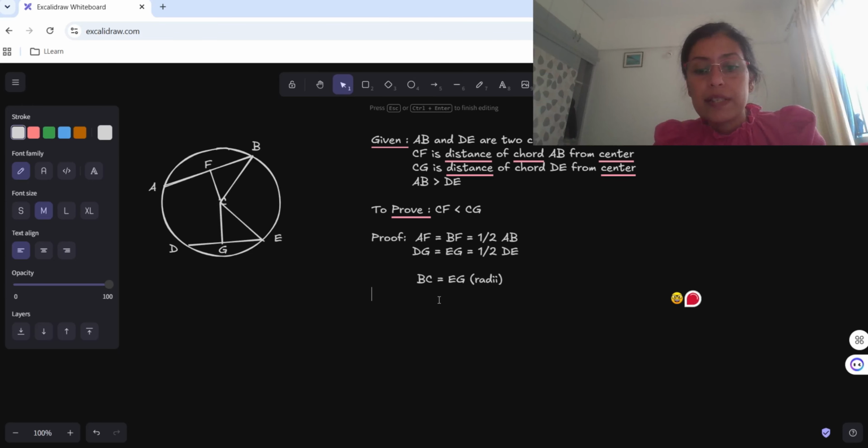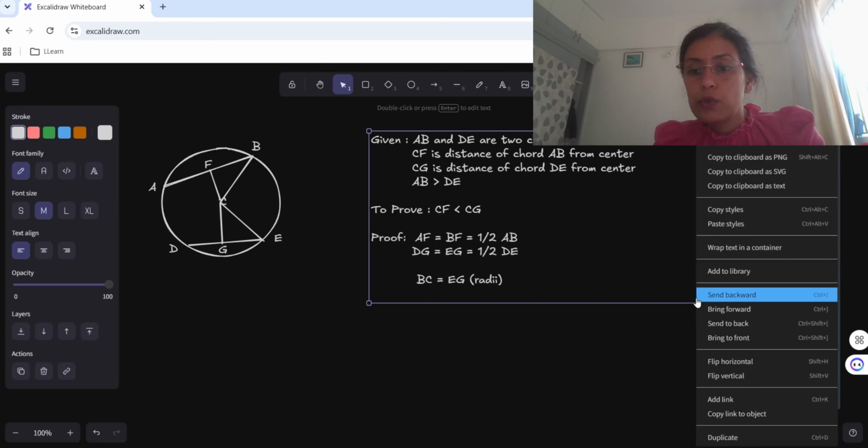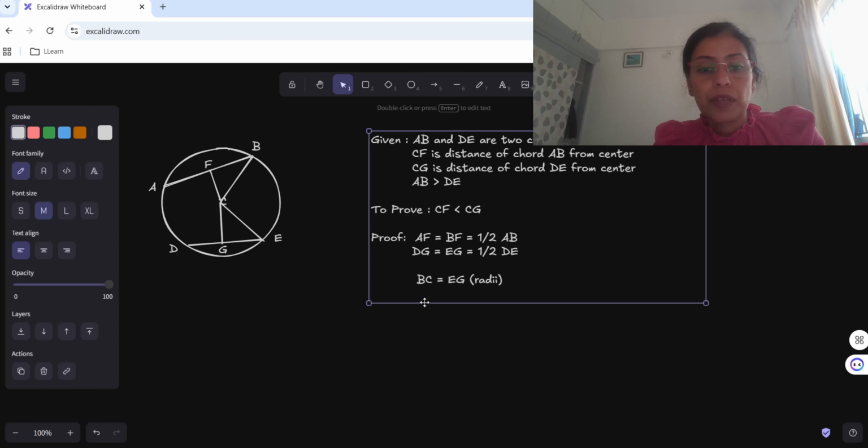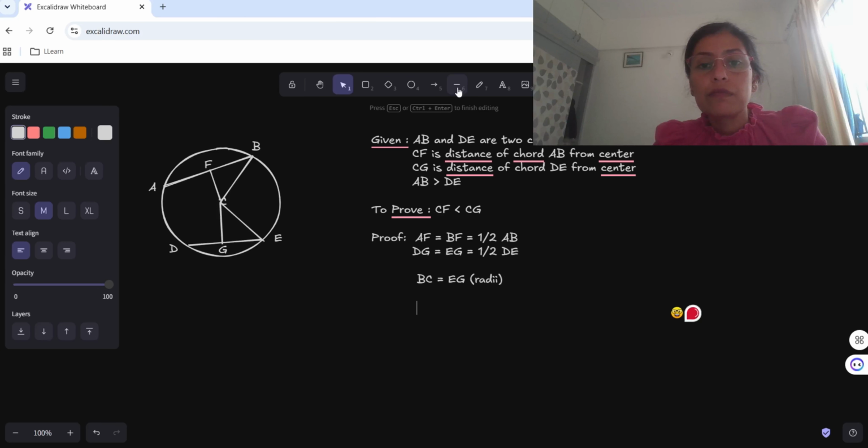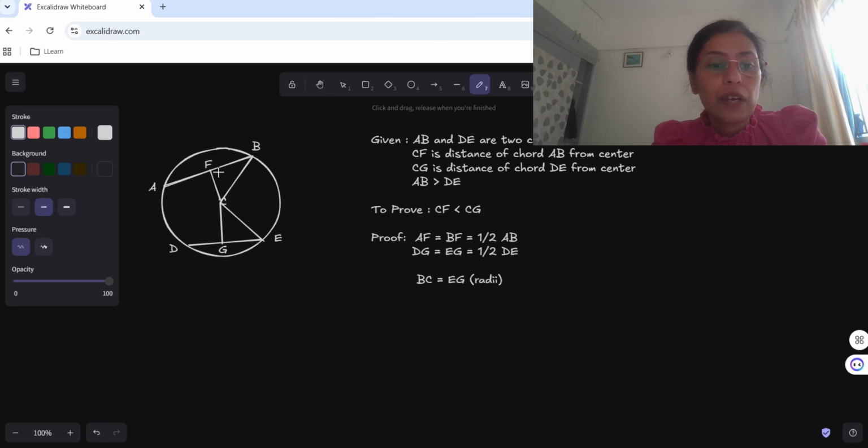Now what else? We know this. Now we also see that this is perpendicular, this is perpendicular.